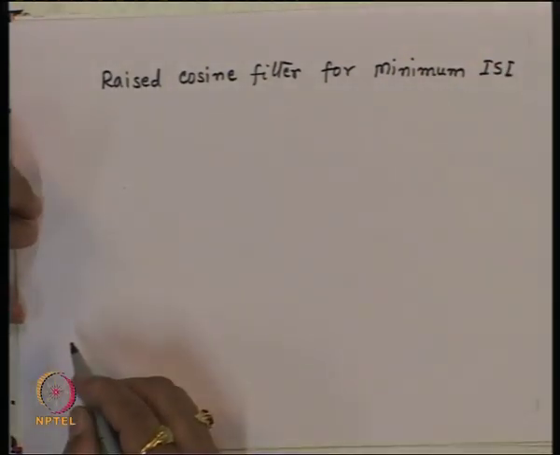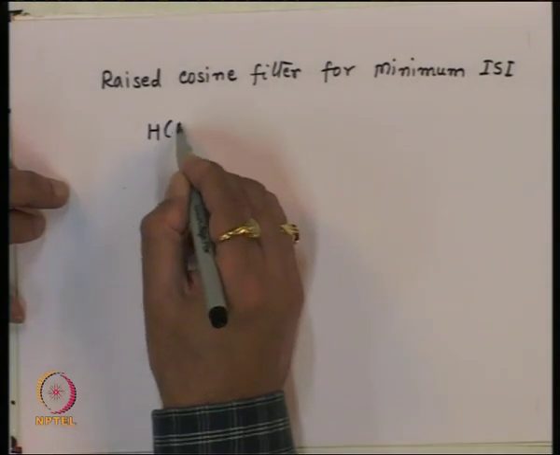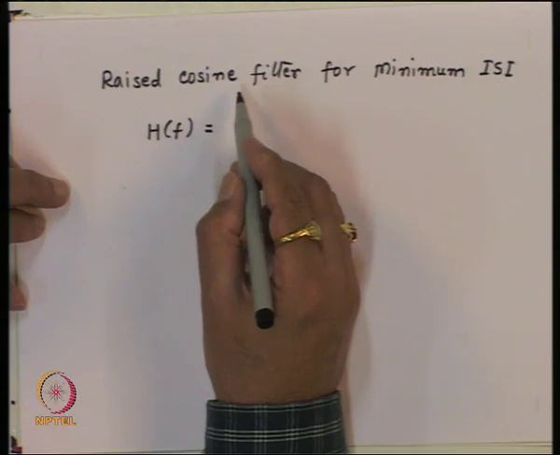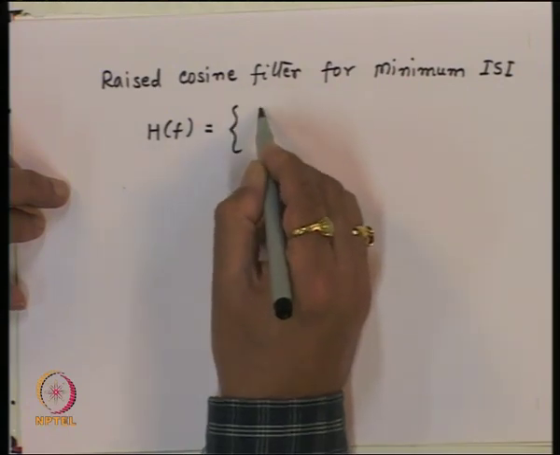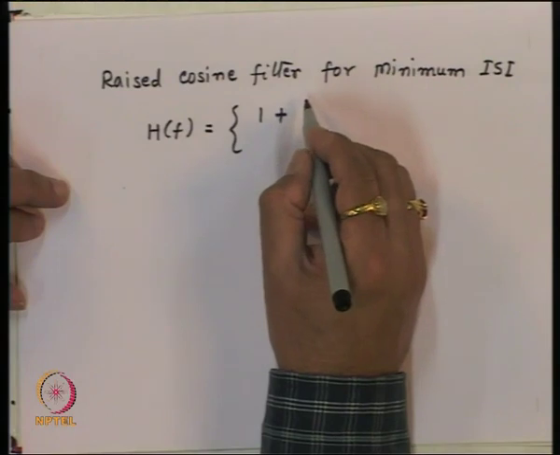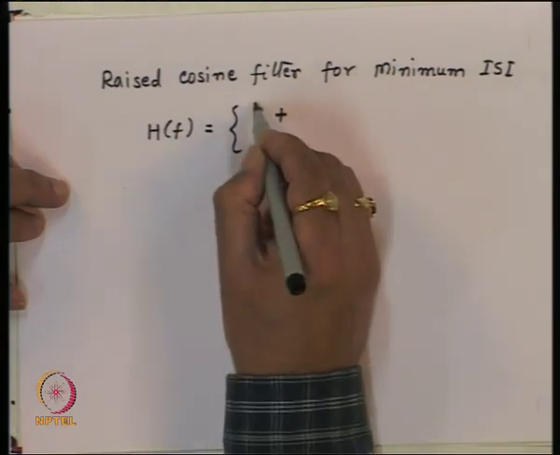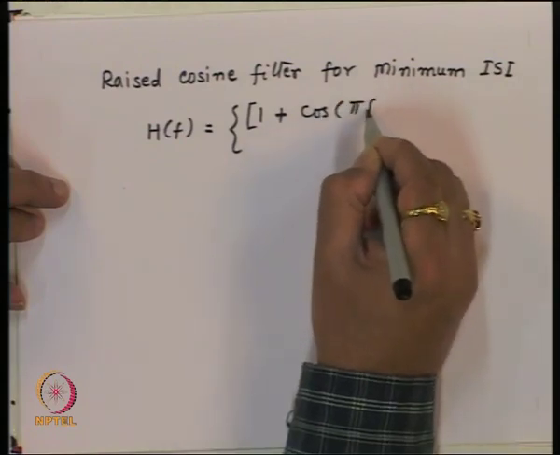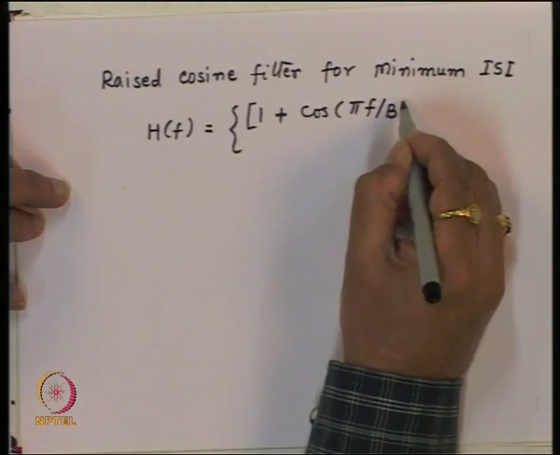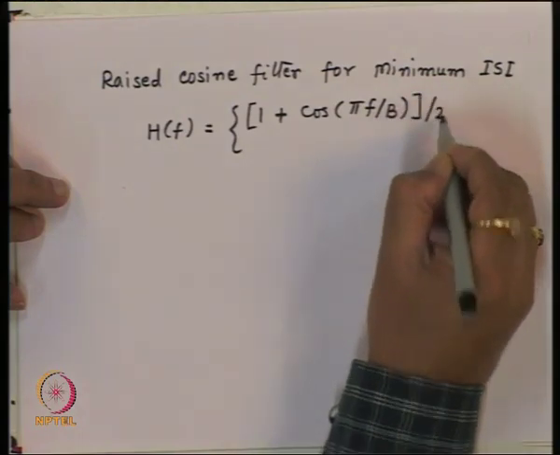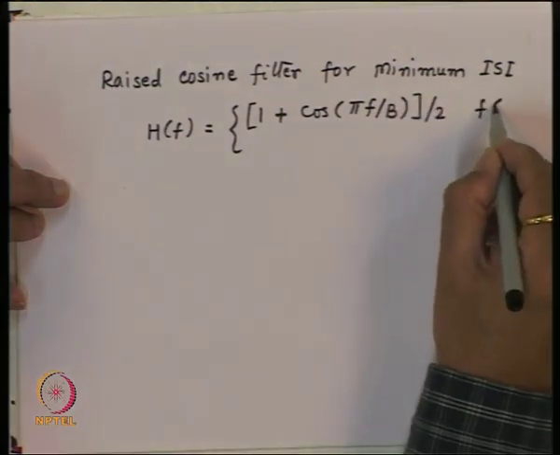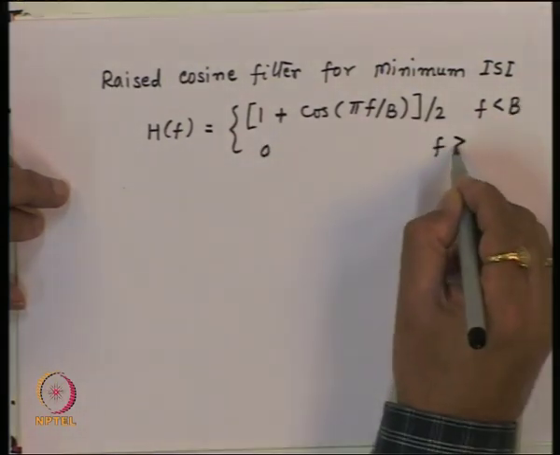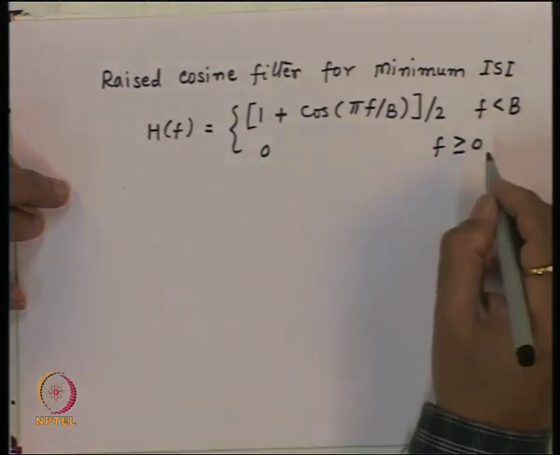If you do that, then the transfer function for this receiver would be given as one plus cosine of pi f by b, divided by 2, for frequencies less than b, and equal to 0 for frequencies greater than or equal to b.